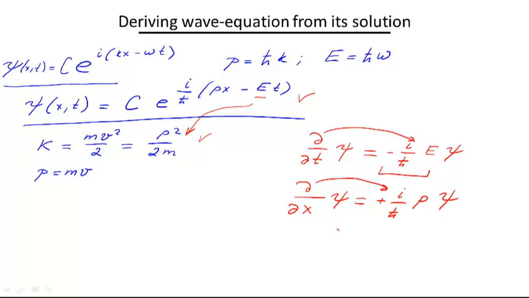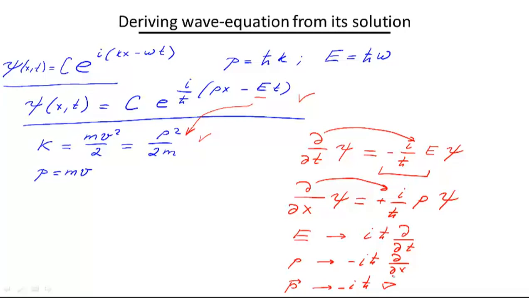And so we find here a clear correspondence between the energy and the derivative i h bar d over dt, and the momentum, in this case one-dimensional momentum, and minus i h bar d over dx. And of course, if we were to have a three-dimensional momentum vector, we would need to write minus i h bar gradient.